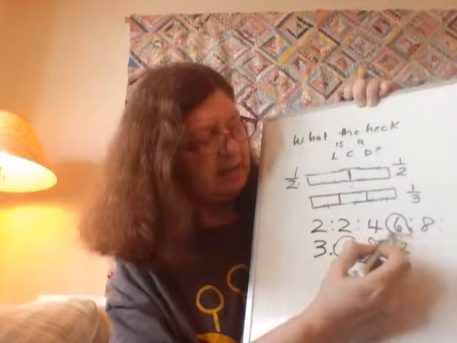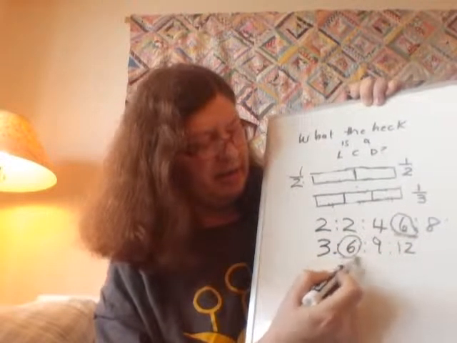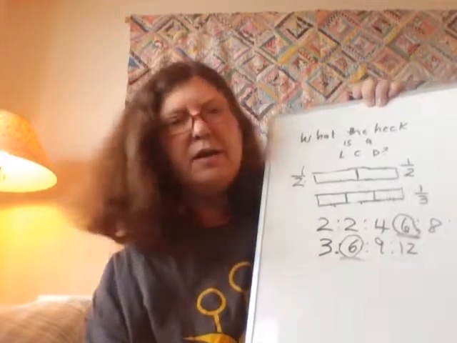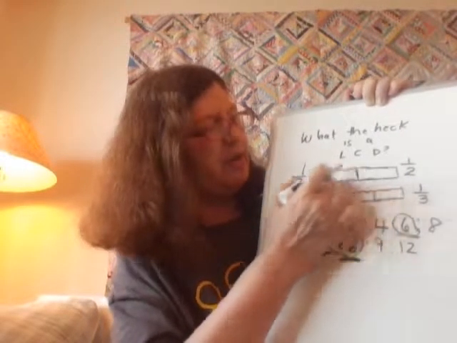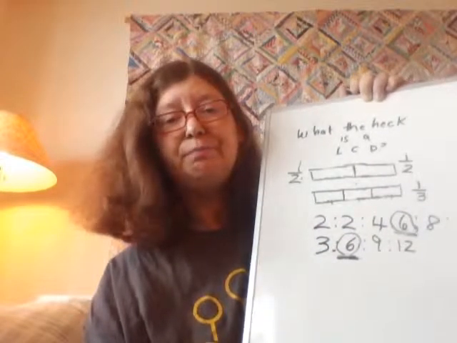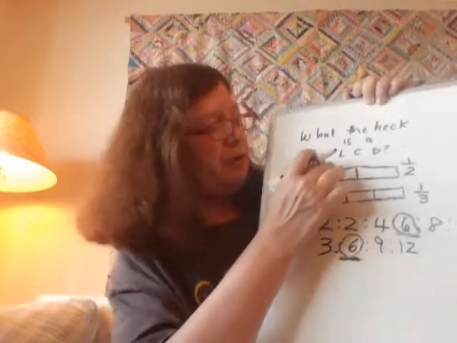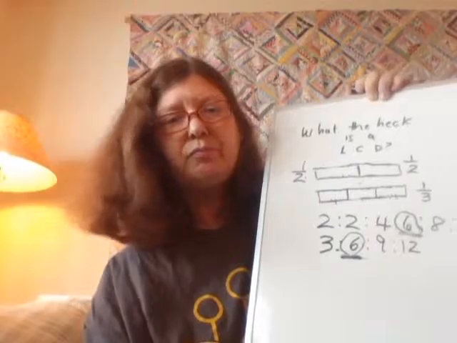I can get to 6 here, and I can get to 6 here. So that's what a least common denominator is. It says I'm going to break these up into smaller pieces until the number of boxes is equal.